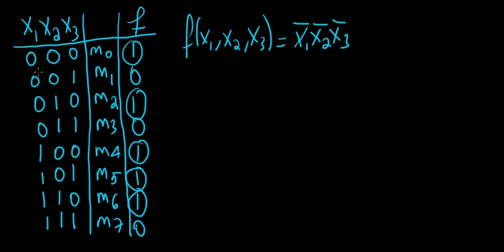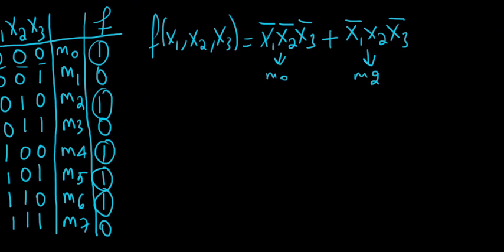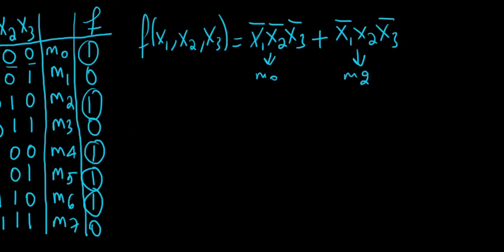So it's like saying this can be solved in at least two different ways. Now the x1 bar, x2 bar, x3 bar came from the zeros here. This is minterm 0. Then for minterm 2 we get x1 bar, x2, and x3 bar. If I scroll over a little bit to go to minterm 4, my minterm 4 would be x1, x2 bar, x3 bar.